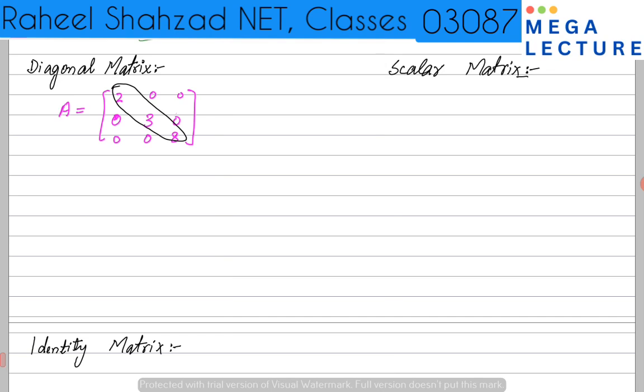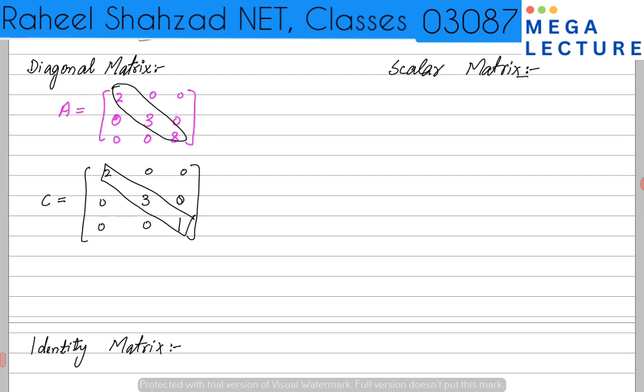So for example we have another matrix C that is equal to 2, 0, 0, 0, 3, 0 and 0, 0 and 1. So you can say that these are diagonal matrices.